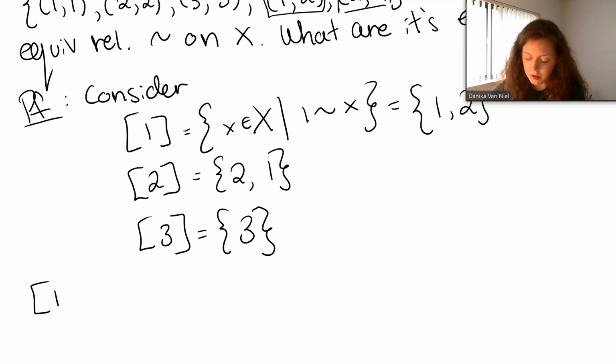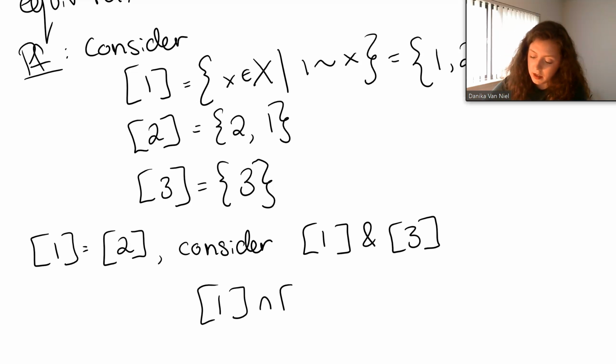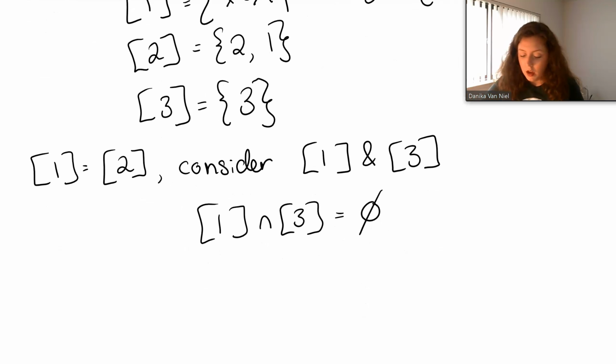So the equivalence class of 1 is equal to the equivalence class of 2. Let's choose 1. Consider the class of 1 intersected with the class of 3: it is the empty set. Those are the only 2 classes we have to check for the intersection being empty.